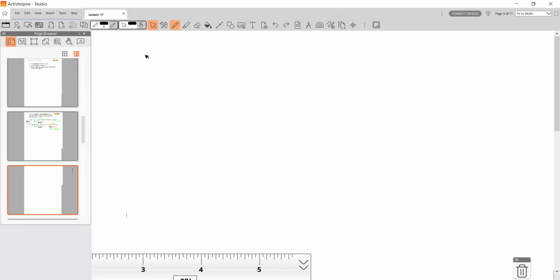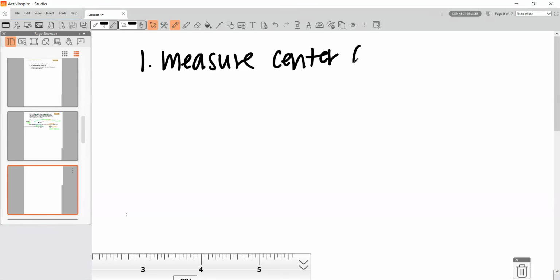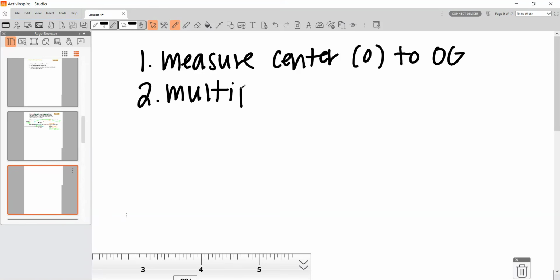Remember, you're going to measure the original. You measure from the center, which is going to be at 0 on your ruler, to the original point. Then you multiply that by the scale factor.